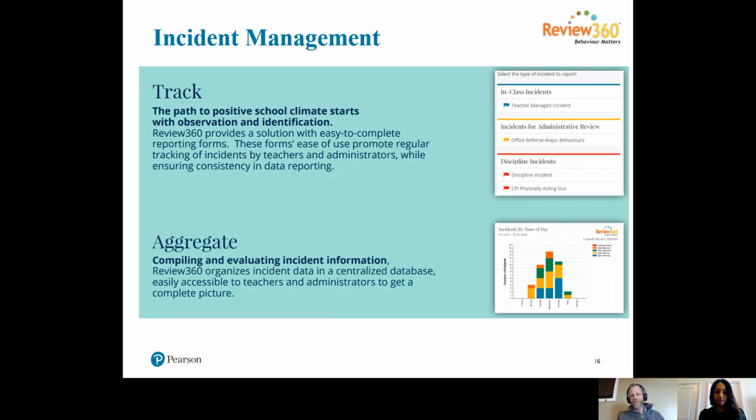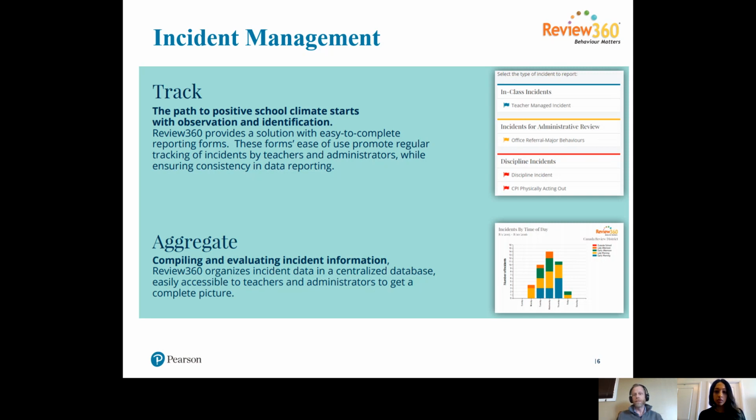So if we were to take a look at just some of the graphs and the reporting, the functionality within Review 360, there is that incident management subscription or offering that Review 360 offers.